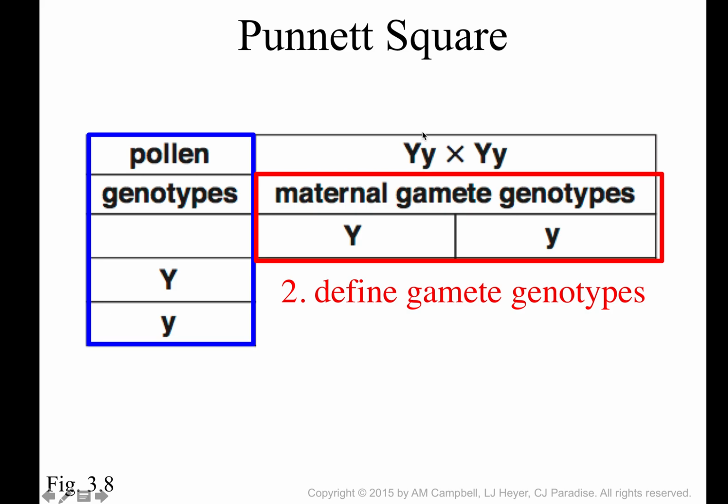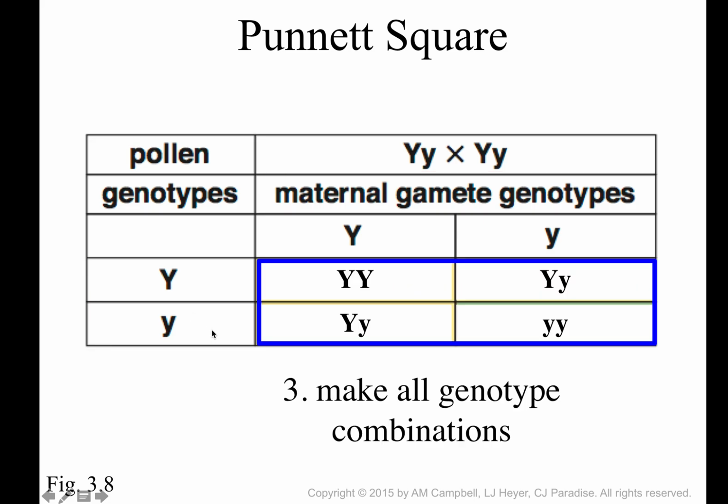So the individual that results of that has to have 2 of each, but the gametes, the eggs and sperm that they make, will only have 1 of these. Okay? It'll either have a big Y or a little y, and this will either have a big Y or a little y.